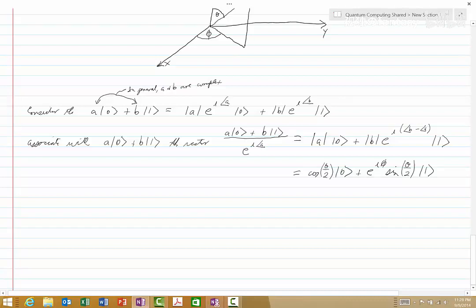So in other words, the Bloch sphere representation associates the state, let me rephrase this.